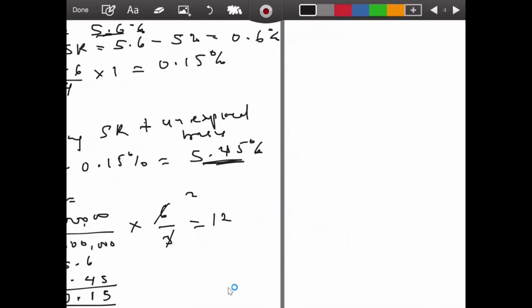Let's look at the total loss on the transaction. This will be 0.15 times 6 million, which is the hedged amount.